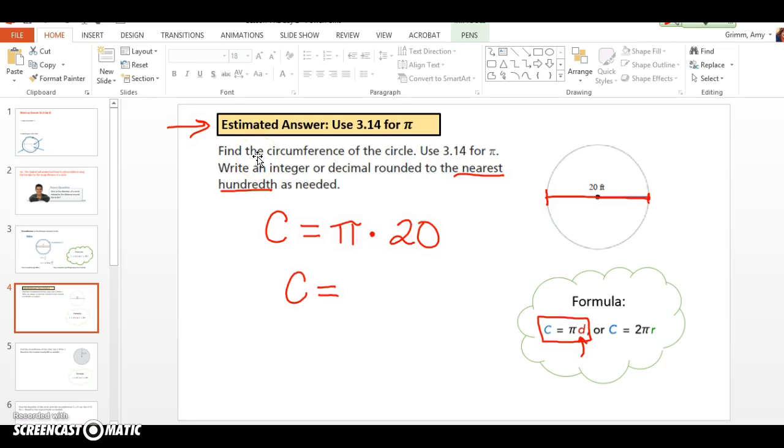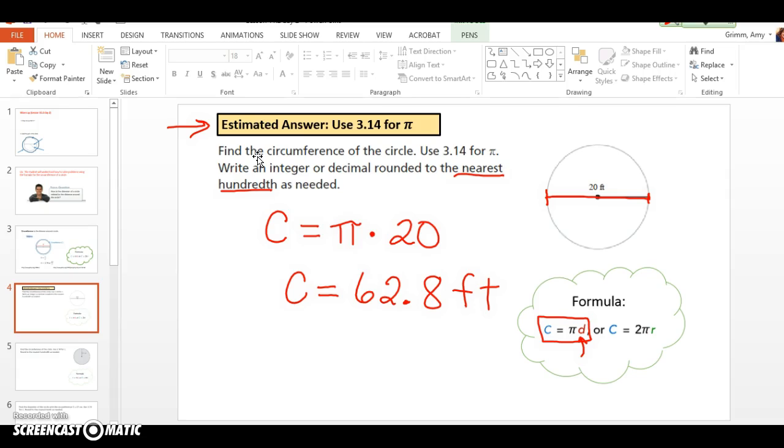The circumference is 62.8, and my units here would be feet. I do want you to get used to putting your units in, because when we switch to area, the units change a little bit. Does that seem easy enough?